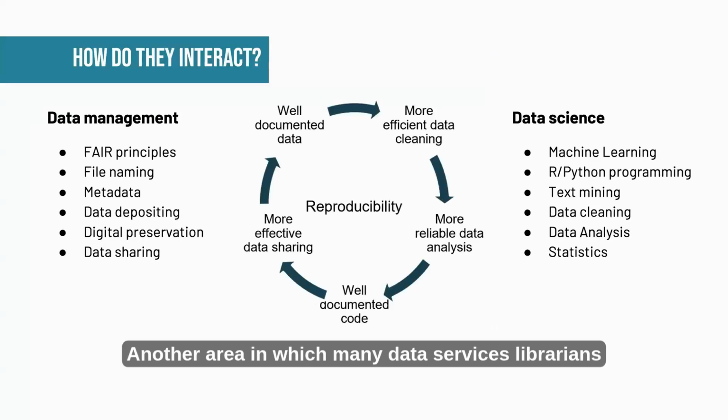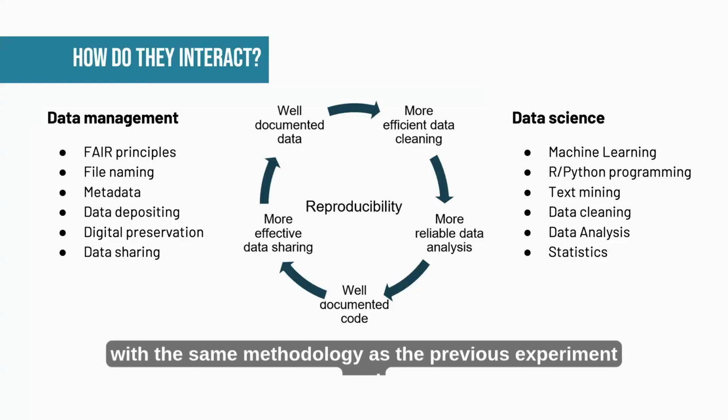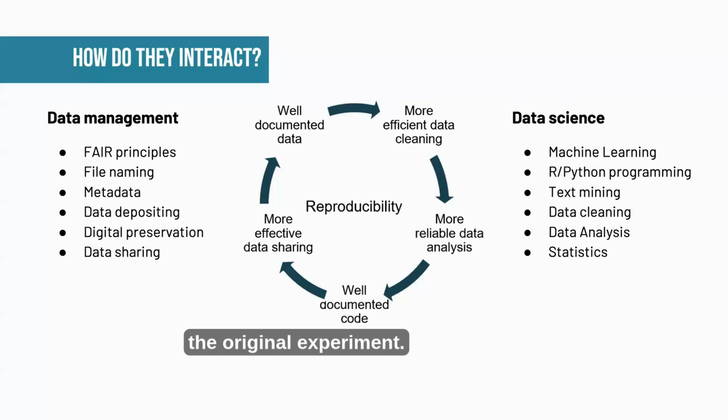Another area in which many data services librarians have provided support is scientific reproducibility. One aspect of reproducibility is being able to run an experiment with the same methodology as the previous experiment and get results that are not the same as, but are consistent with, the original experiment.